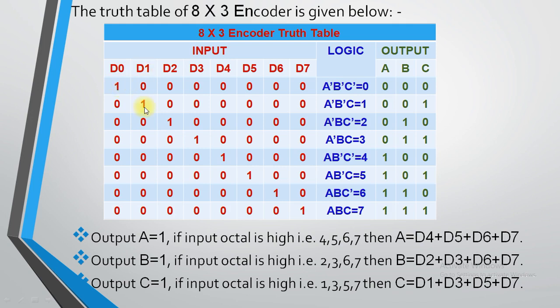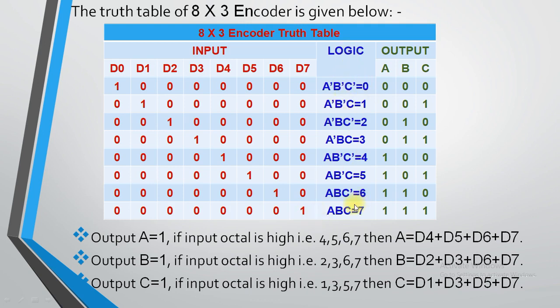For the second case, D1 is activated. For the third case, D2 is activated. For the fourth case, D3 is activated. For the fifth case, D4 is activated. For the sixth case, D5 is activated. For the seventh case, D6 is activated, and for the last case, that means the 8th case, D7 line is activated.